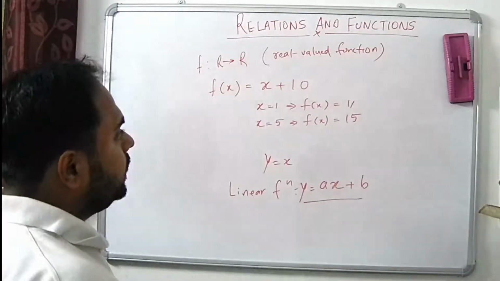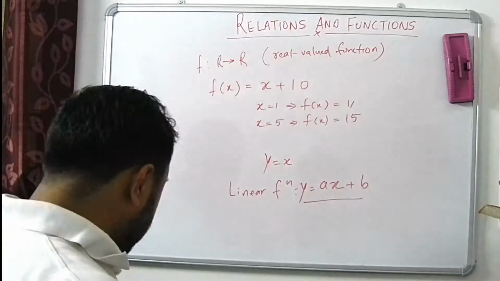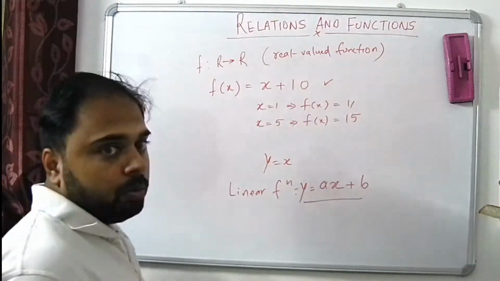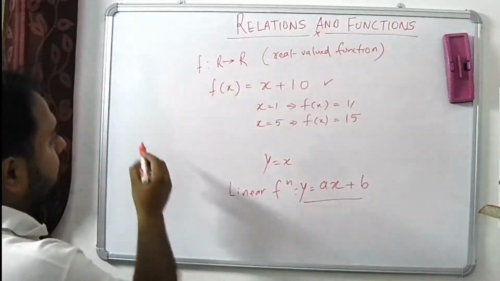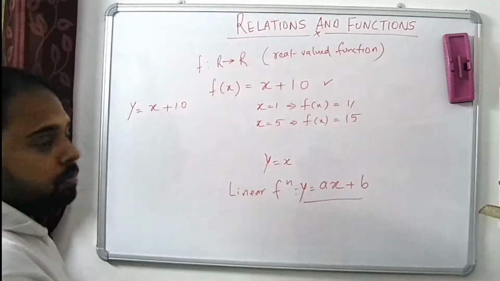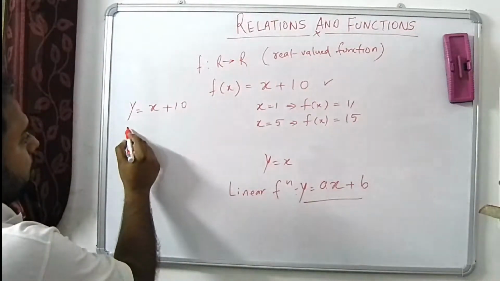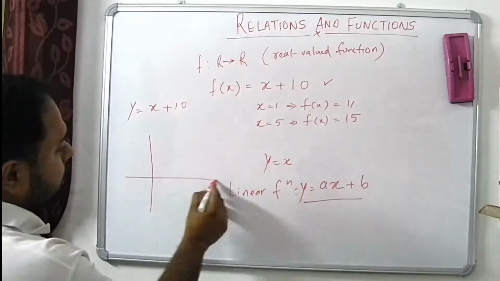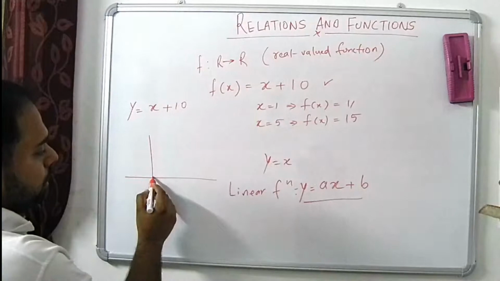Now they are asking us to plot this. We know it's going to be a line, y = x + 10. Even if you don't know the equation of a line, let's say we have x as 0.